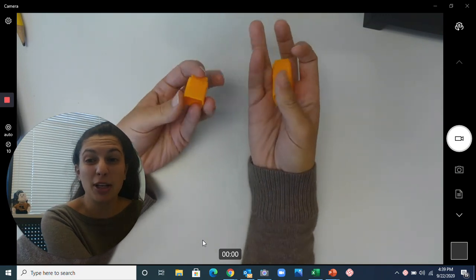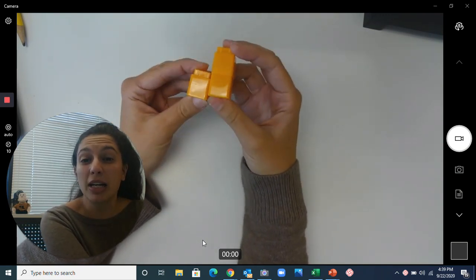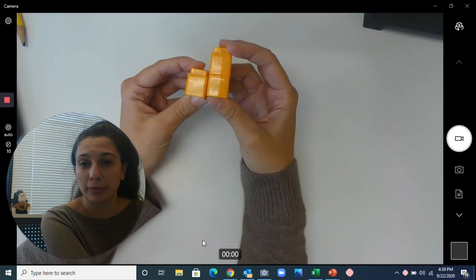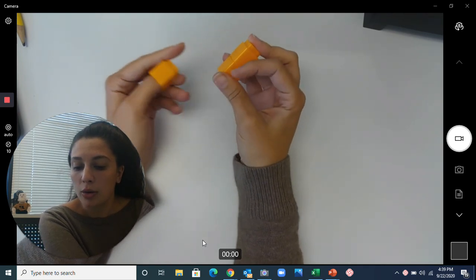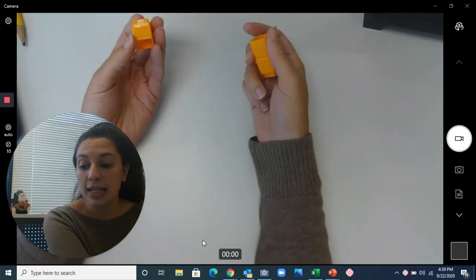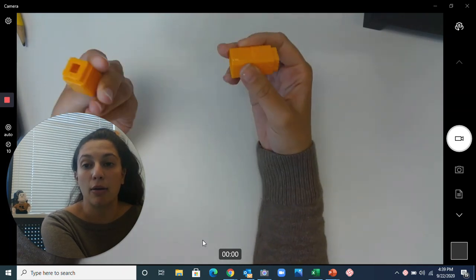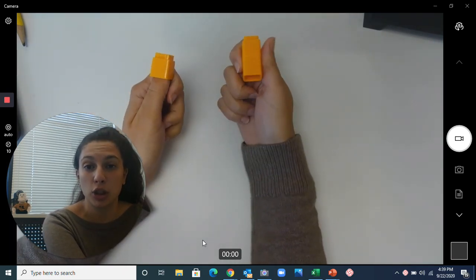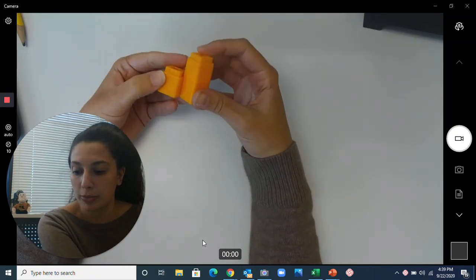No. So how many cubes do I still have all together? I have 3 cubes all together. That number hasn't changed. So what we see here is I had my tower of 3, and then I made it a tower of 1 and a tower of 2. So together they are 3 cubes.